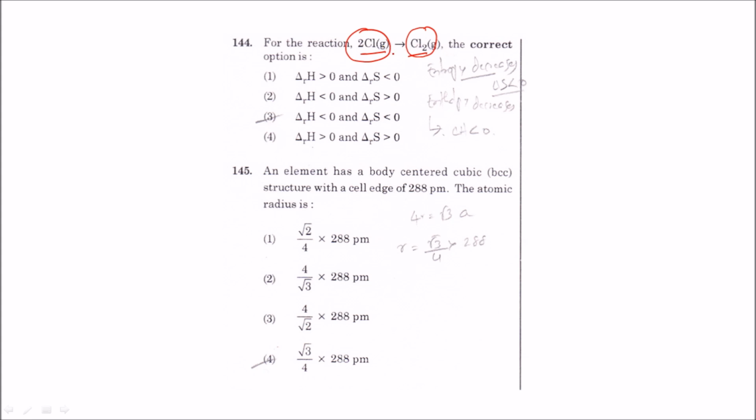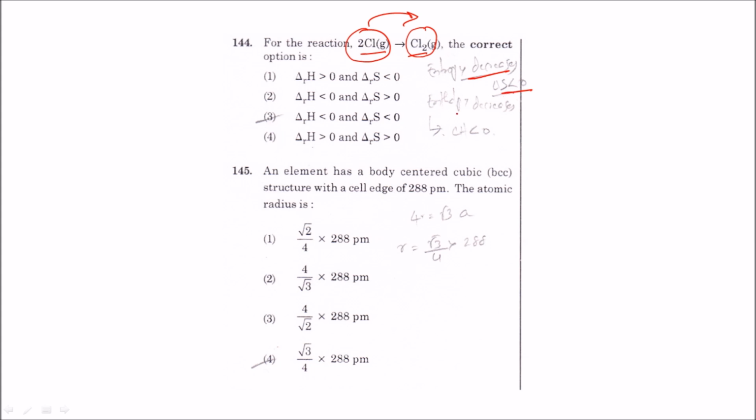The number of moles is reducing from reactant to product. As the number of moles of gaseous components reduces, entropy decreases. So from reactant to product, entropy is decreasing, and so delta S is negative, less than 0.